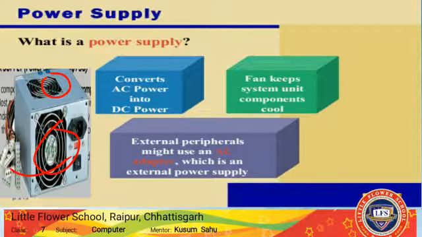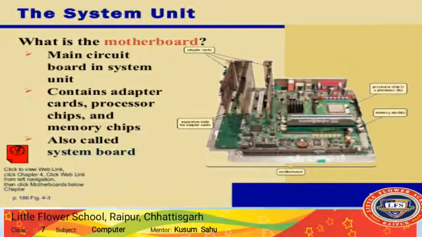Now next is the motherboard, a very important part of the computer unit through which the computer can work. What is a motherboard? The main circuit board of the system unit is called the motherboard.